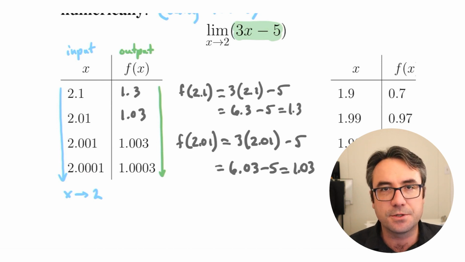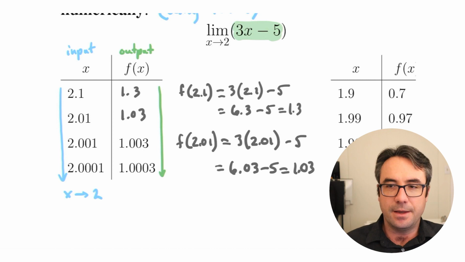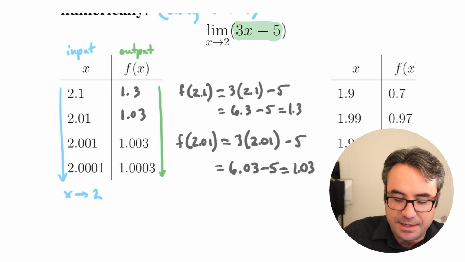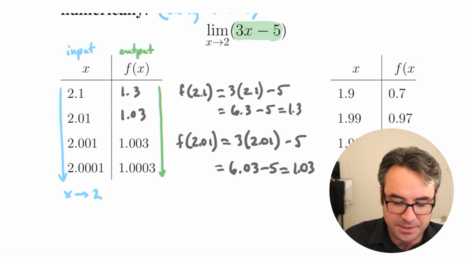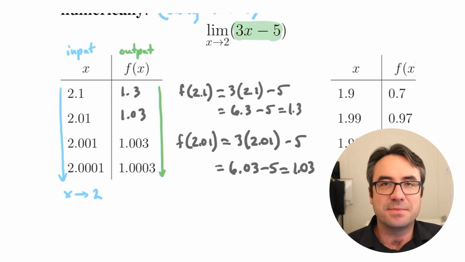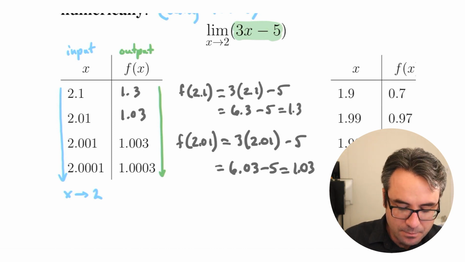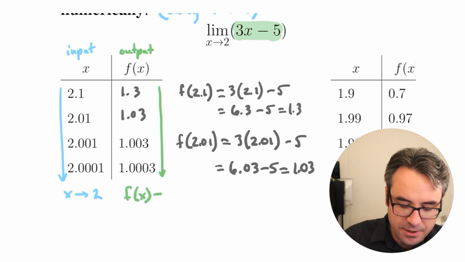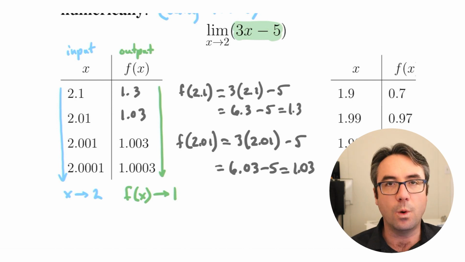So it goes to 1.0003. And so if I had to guess what was happening here, and that's ultimately what we do, it's an educated guess. But what I would say is that the output of our function looks like it's approaching the number 1.